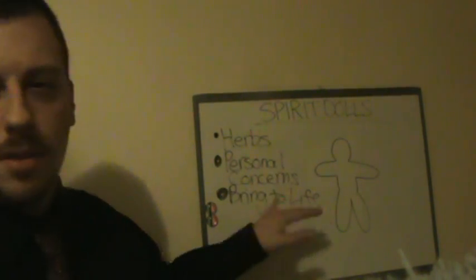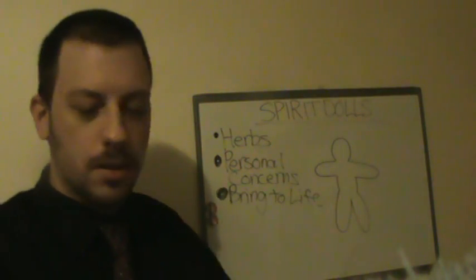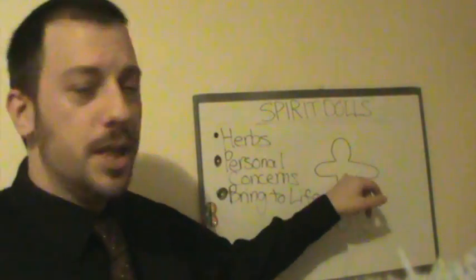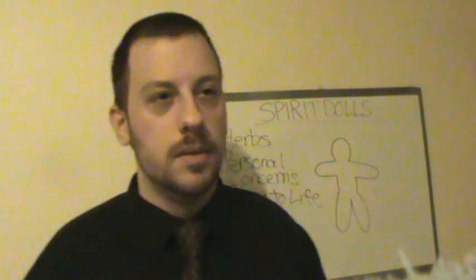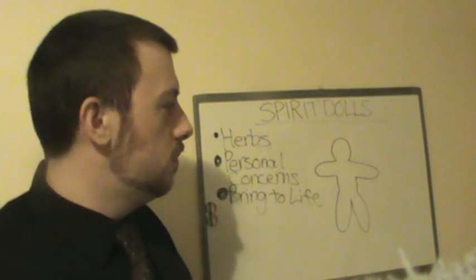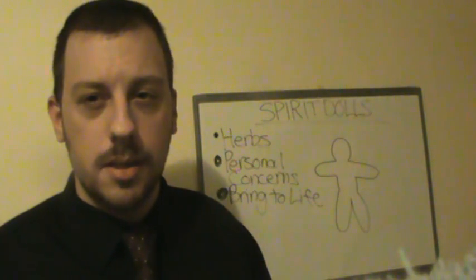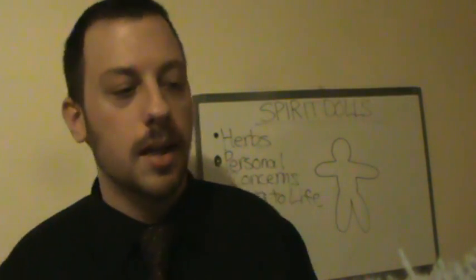Okay, so what are some different ways that you could use your doll? You got your cloth doll, you got your herbs and personal concerns. How do you use it? For uncrossing or cleansing someone, often this is used to spiritually cleanse someone long distance. A cloth doll may not be ideal. You may need wax or clay.